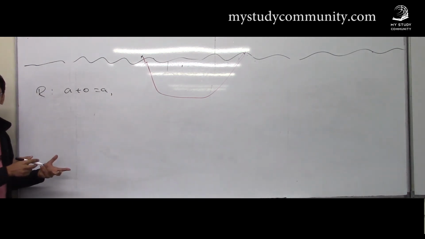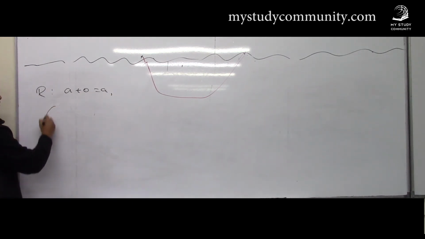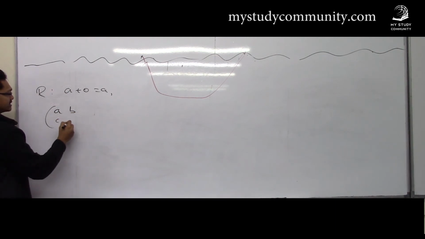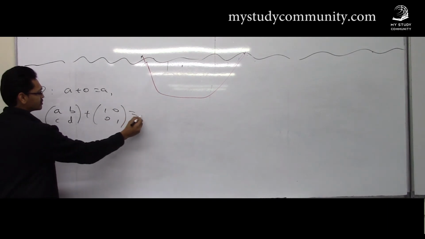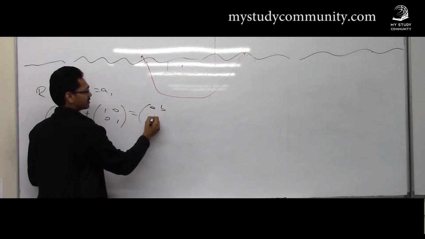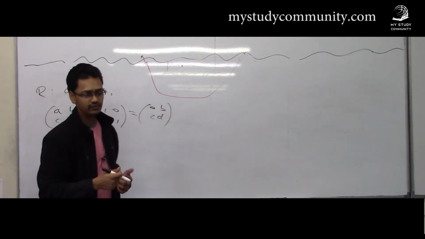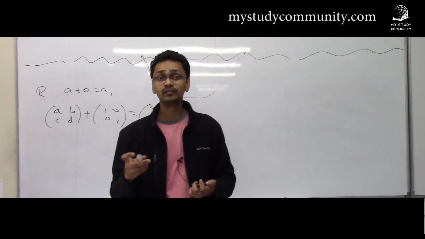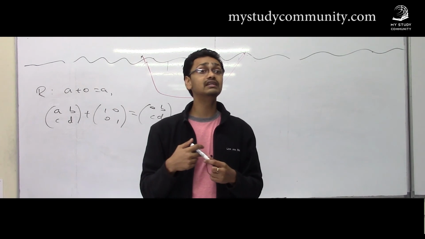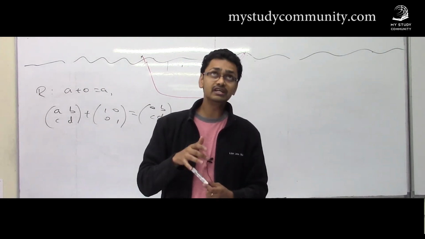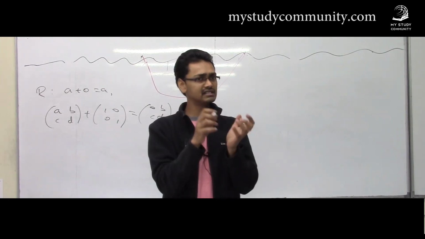Everybody knows that. And then when we went into matrices, we had the matrix a, b, c, d plus the matrix 1, 0, 0, 1 gives you back a, b, c, d. And permutations exhibit properties like this as well. And the solution space of a homogeneous linear differential equation has such properties as well.